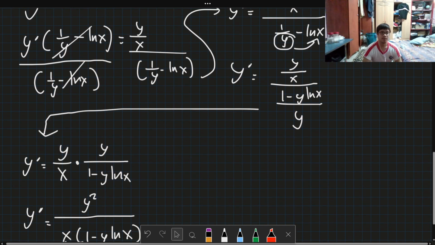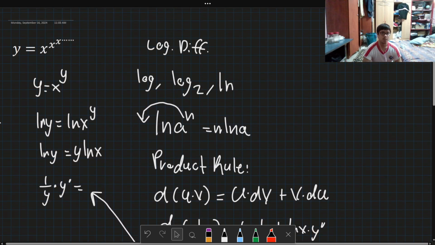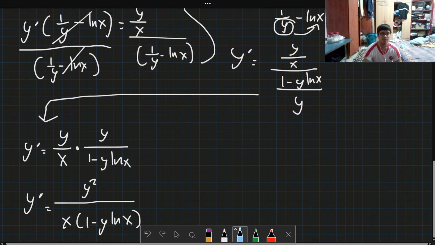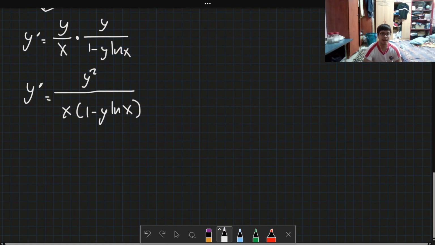So remember that our y once again is what? x raised to x raised to x raised to x raised to x, right? So in that case, we can replace y as x raised to x raised to x raised to x.